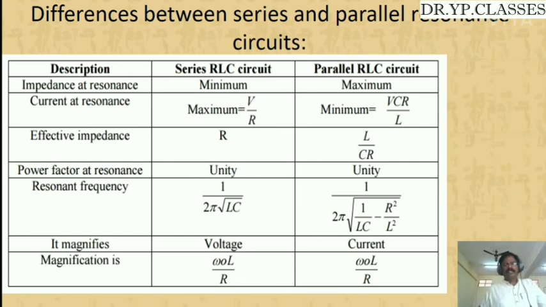Resonant frequency is given by 1 by 2 pi into root of LC. In this case the expression is somewhat different, that is 1 by 2 pi into root of 1 by LC minus R square by L square. So in the series case voltage magnifies, in the parallel case current magnifies. Magnification is omega naught L by R, in this case also it is omega naught L by R.